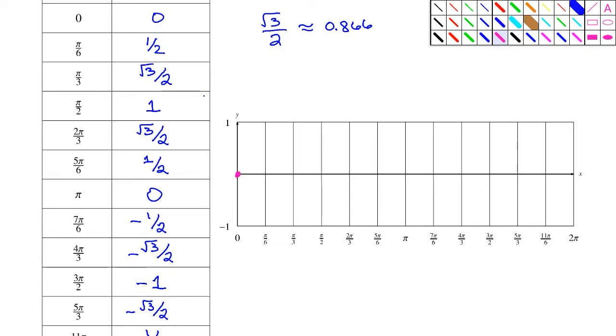So 0, 0. Pi over 6, comma 1/2, so that's halfway up the grid here. Pi over 3, comma root 3 over 2. Root 3 over 2 is about 0.866, so we're just going to put that right about there. Pi over 2, comma 1, and then we start repeating some values.